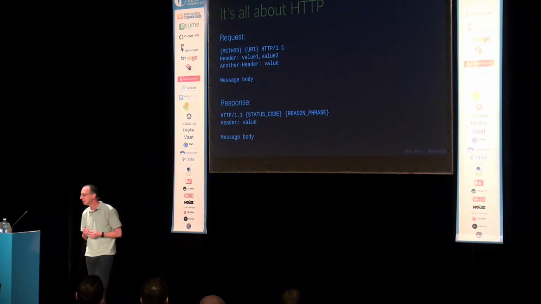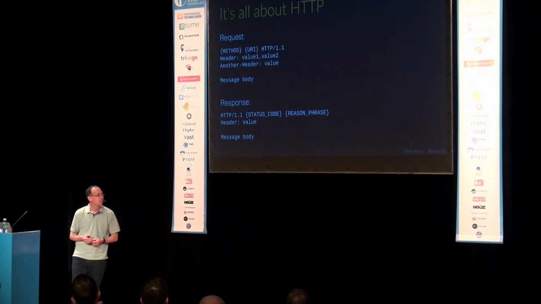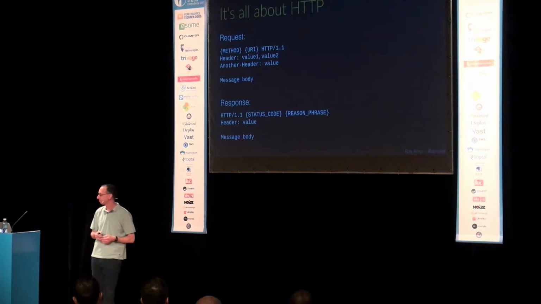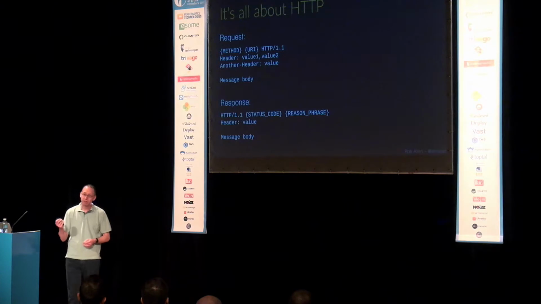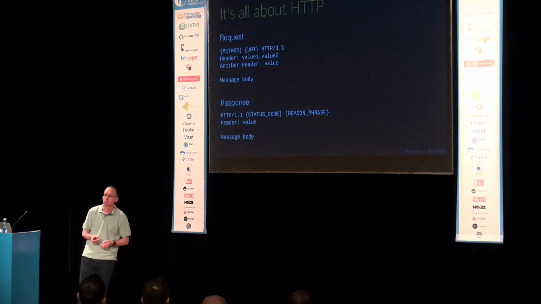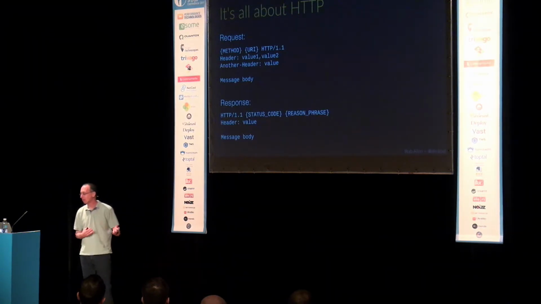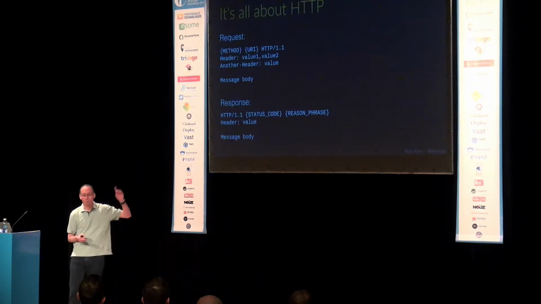Very helpful. They're just key-value pairs, quite easy. There's a colon between them, and then you put your message body. Your message body is a string. It's always a string, just plain characters. Dead easy to understand.